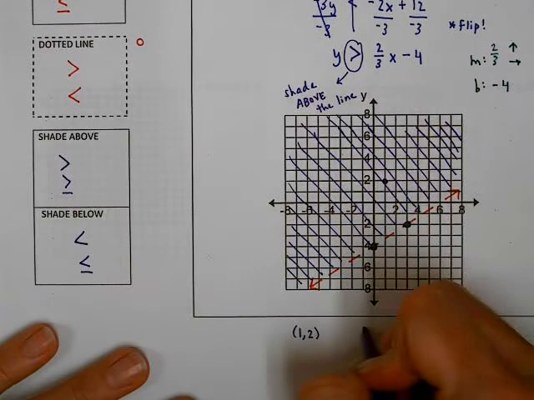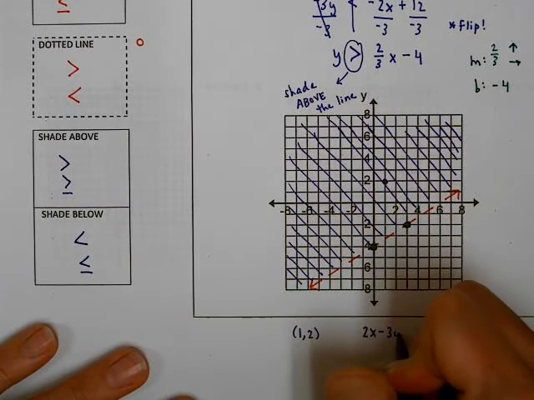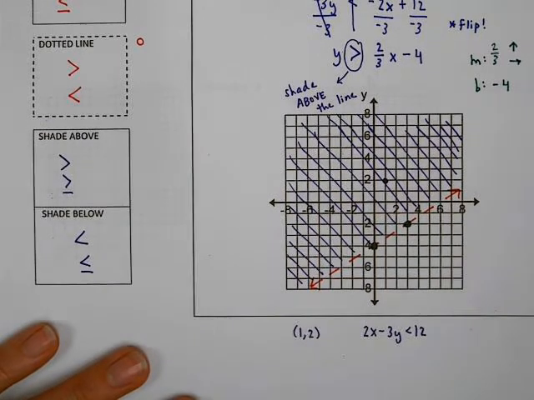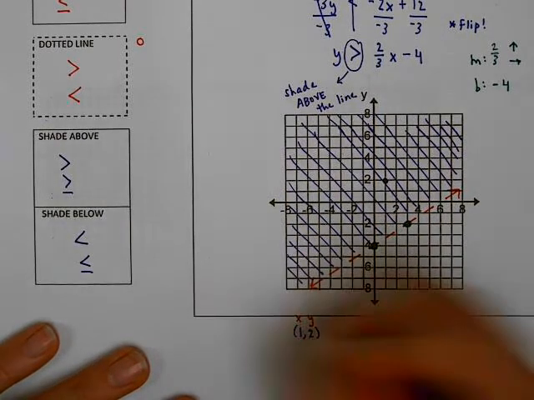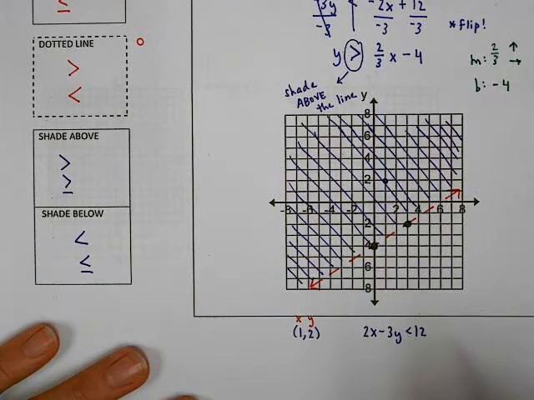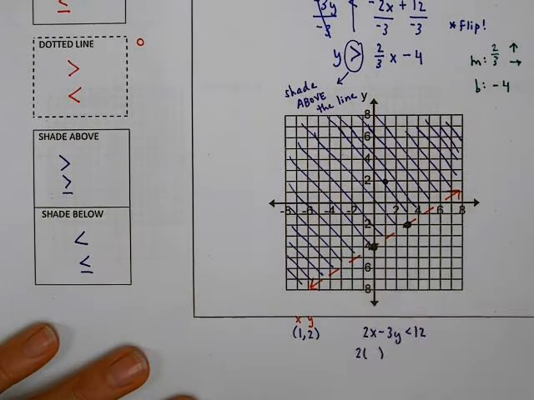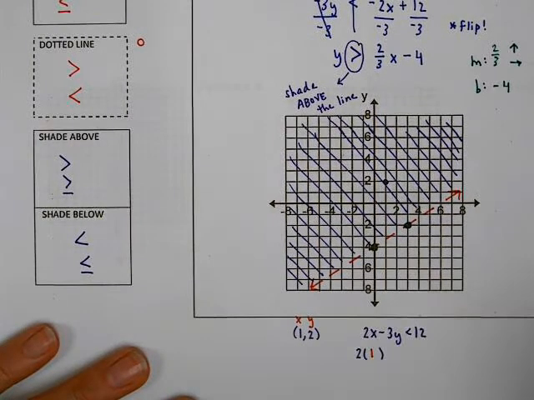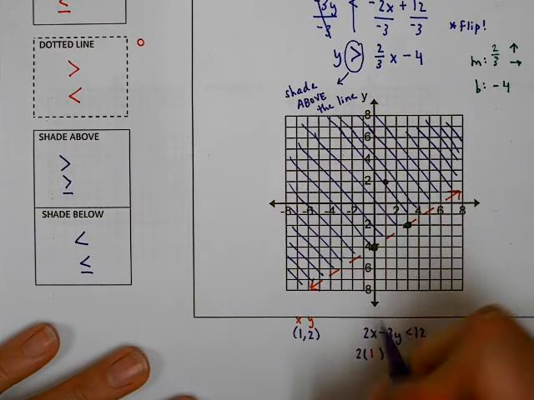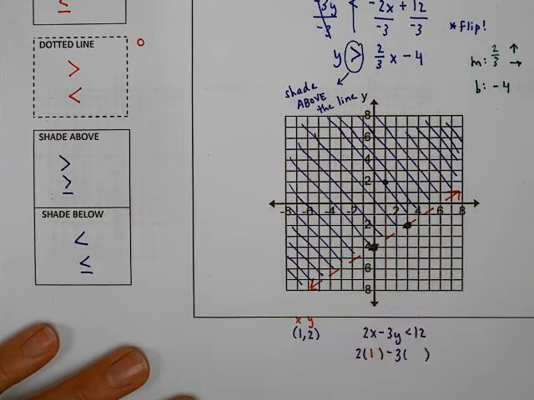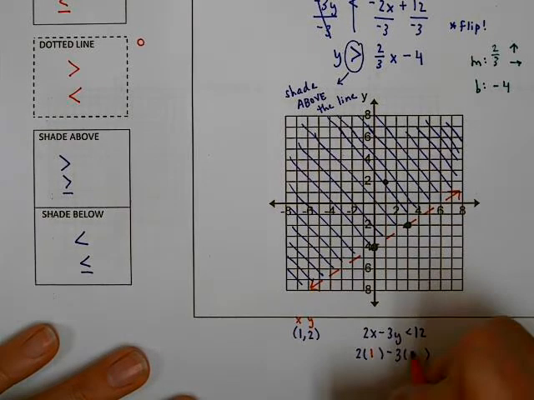My original inequality was 2x minus 3y is less than 12. So if I plug in my x and my y, I should get a true statement. So I have 2 times my x, which was 1, minus 3 times my y value, which was 2.